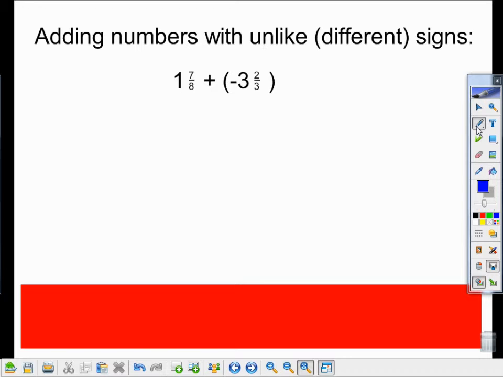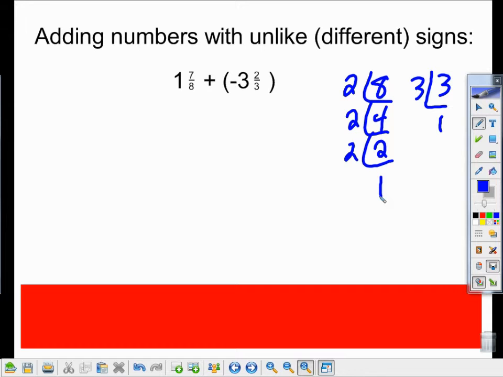If we were unsure, we would do 8 and 3, and then 2 and 4, and 2 and 2, and 3 and 1, and 2 out here too, and then 1. Okay, so our least common multiple here has 3 2's and 1 3.